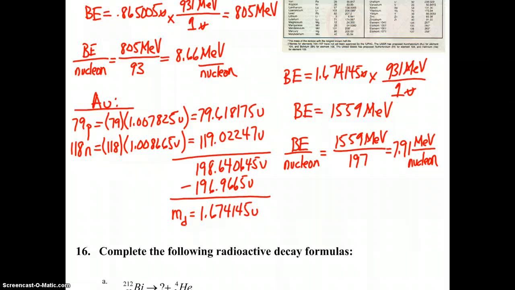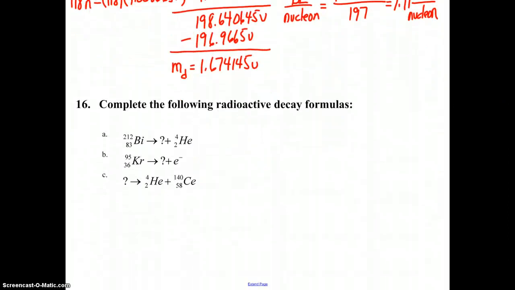All right, now to 16. We're asked to complete the following radioactive decay formulas. These all look to be natural transmutations, because we have an element decaying into another element plus a radioactive particle.